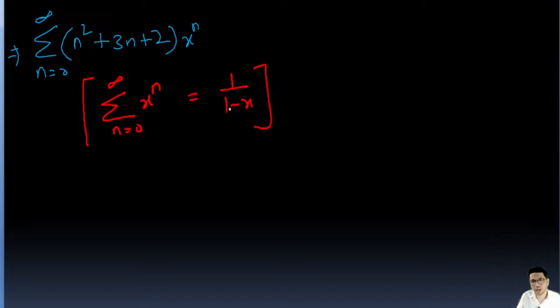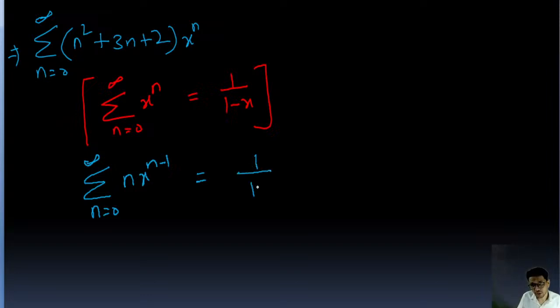Okay, now we can easily solve this one. So this we know, right? So we can differentiate it with respect to x. If you differentiate it with respect to x, then this is going to be sigma n equal to 0 to infinity n x to the power n minus 1. This is going to be 1 upon 1 minus x whole square, right?